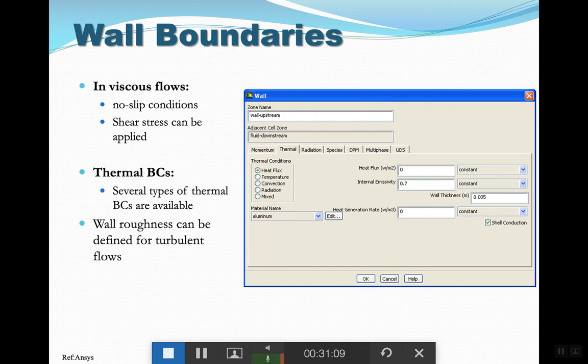So between the no-slip condition, which is 0 velocity on the wall, and the free slip condition, which is the free velocity of the flow on the wall, there's something called specific shear, meaning you're providing a specific shear on the wall. You're not going with 0 velocity, you're not going with free slip, but you're going with a specific type of slowdown on the wall.